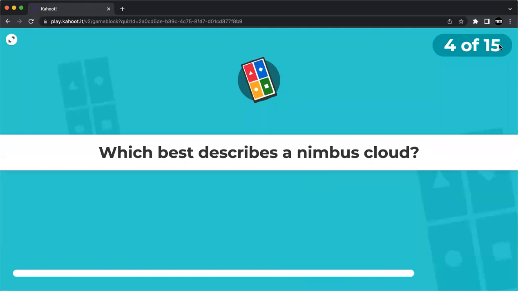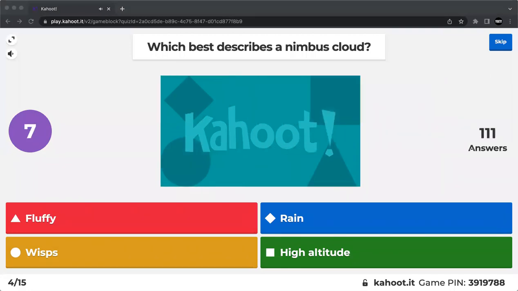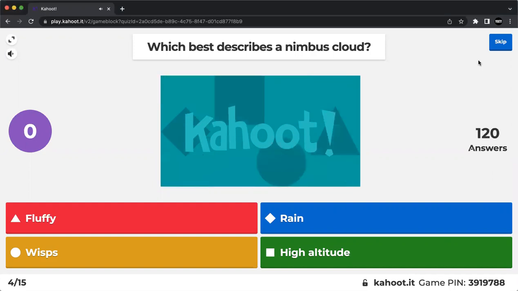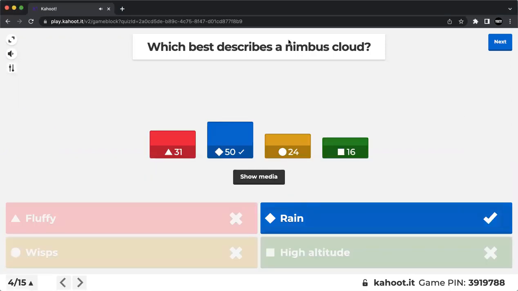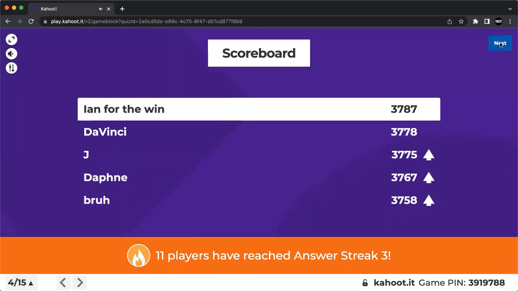Which best describes a nimbus cloud? I think we'll do 2 more questions after this because it's already break time. Rain. Nimbus in Latin means rain or rainstorm. So yeah, good job.